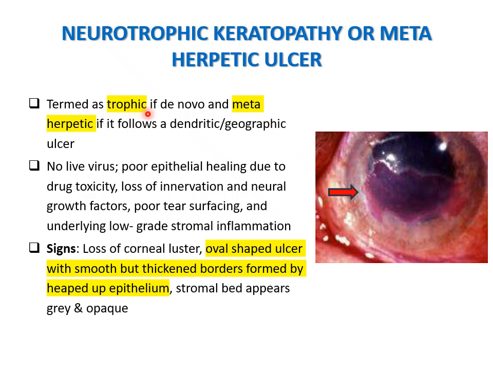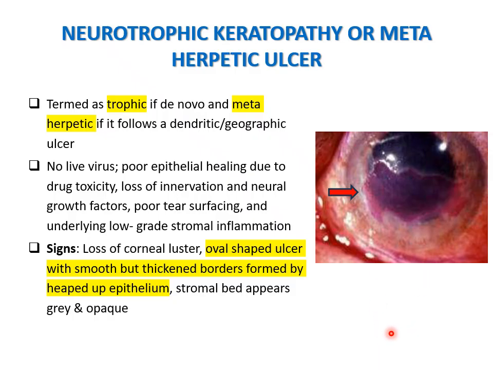So this is termed as trophic if arising de novo, such as neuroparalytic keratopathy, or neurotrophic keratopathy, as in trigeminal nerve paralysis because of some cause, then that would be called a trophic keratopathy. And if it is arising because of a pre-existing dendritic or geographic ulcer, then you call it a metaherpetic ulcer.